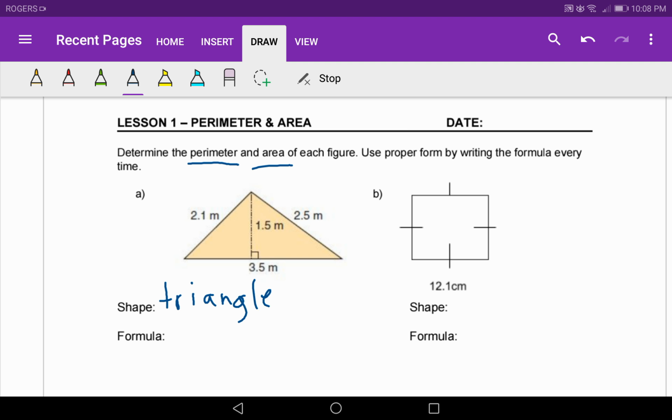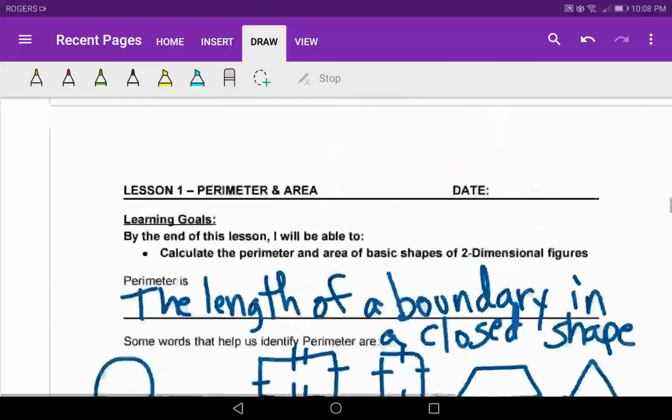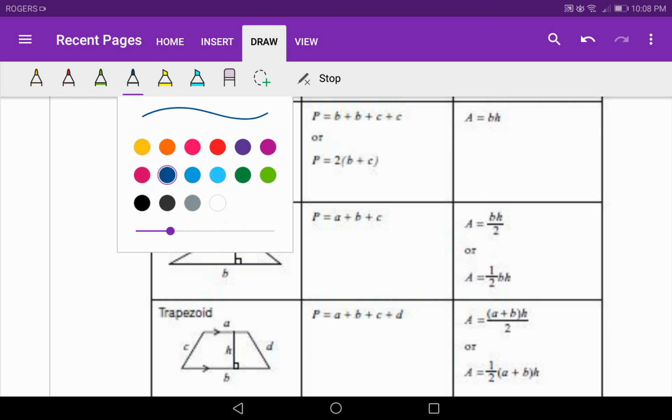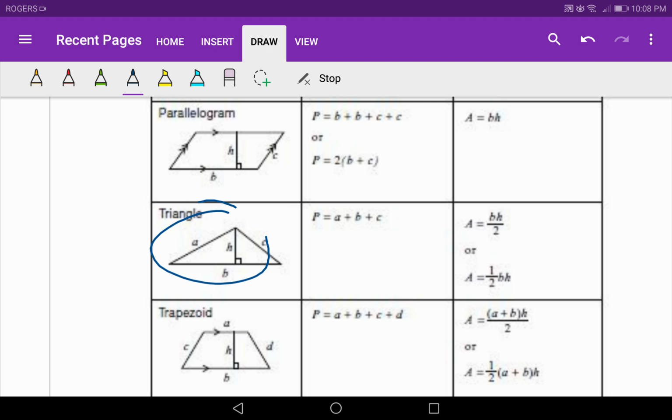Let's find the perimeter formula for a triangle. I'm going to scroll up to my formula sheet really quick. Find my triangle. Okay, right here. Here's my perimeter formula, and then here is my area formula. I'm going to need both of those. So for perimeter, it is A plus B plus C, the length of all three sides, the three boundaries of the triangle.